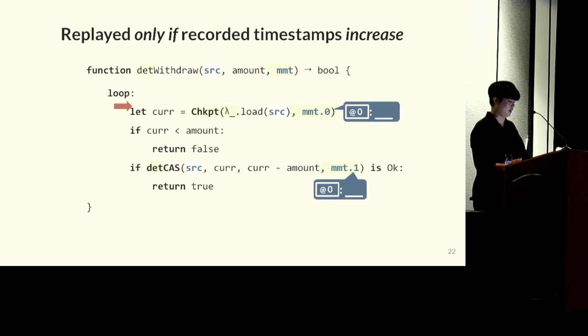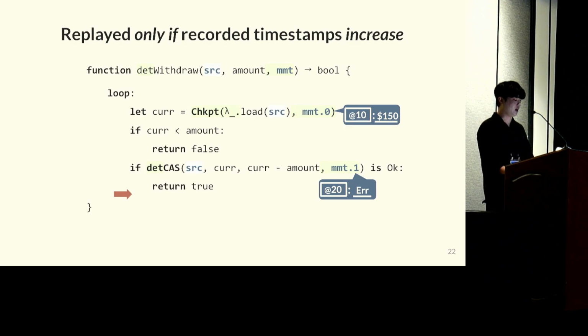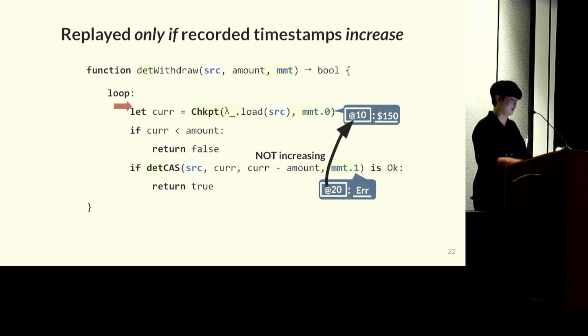Starting from the beginning, our Mementos initially have a timestamp of 0. When a checkpoint and a failed CAS complete, they record the current timestamp, let's say 10 and 20. On looping again and checking the checkpoint's timestamp, it's found to be less than 20, the previous CAS's completion timestamp. So this is not a replay context, and the load function is not skipped.